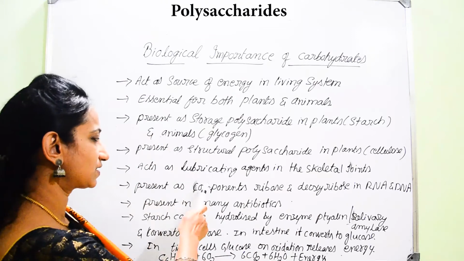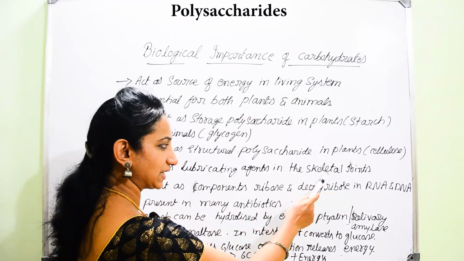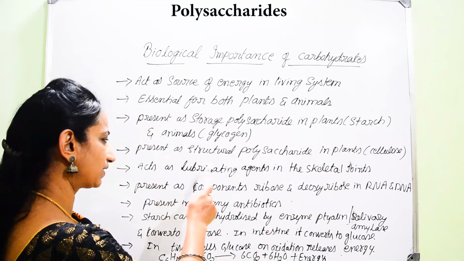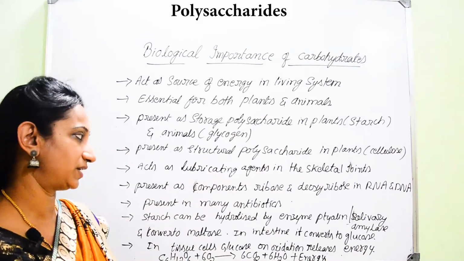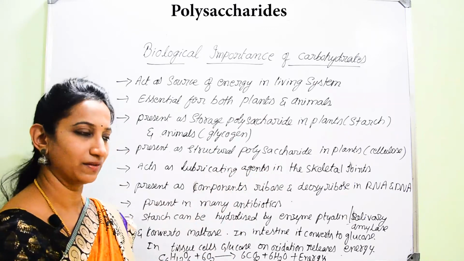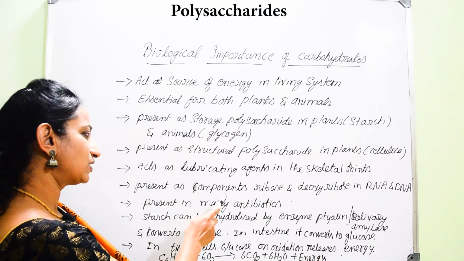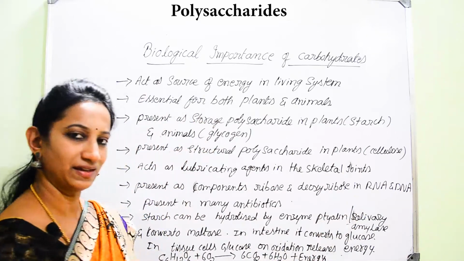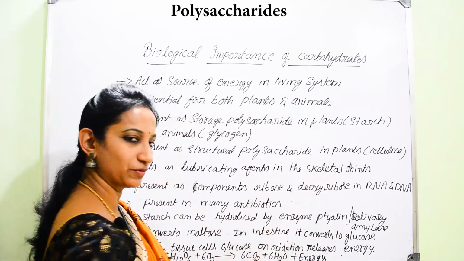And consider one particular application: the joints of the skeletal system. Wherever you find joints, there is presence of carbohydrates acting as lubricating agents, making easy movement of the skeletal system. They are also present as components in cells, in RNA and DNA in the form of sugar: one is ribose sugar and the other is deoxyribose sugar.